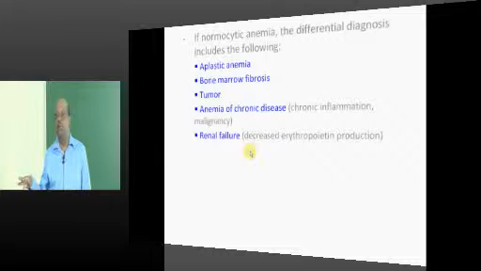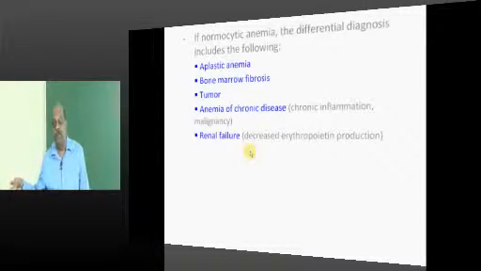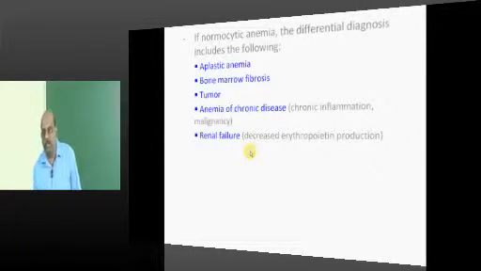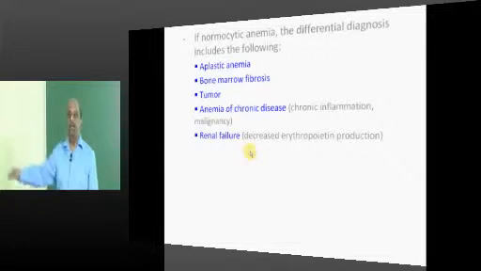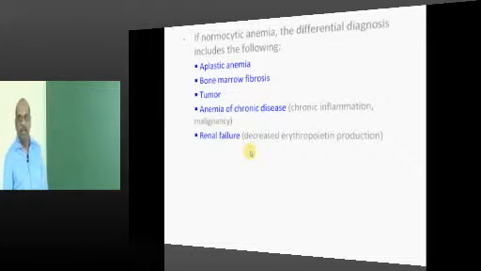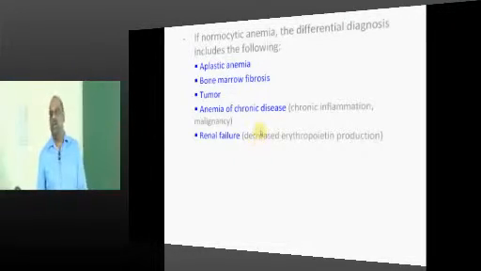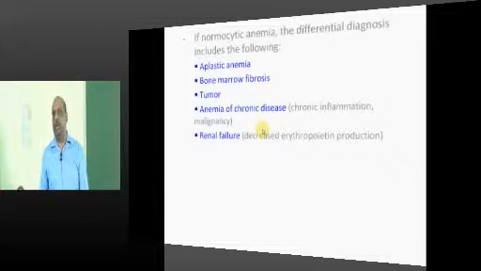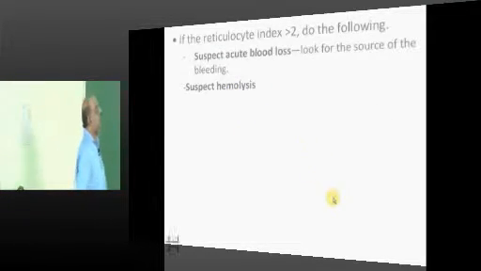What will it lead to? Anemia. What anemia is it called? Myelophthisic anemia. There also you will have normocytic anemia. Any anemia of chronic disease or renal failure where there is no erythropoietin also leads to development of normocytic anemia.